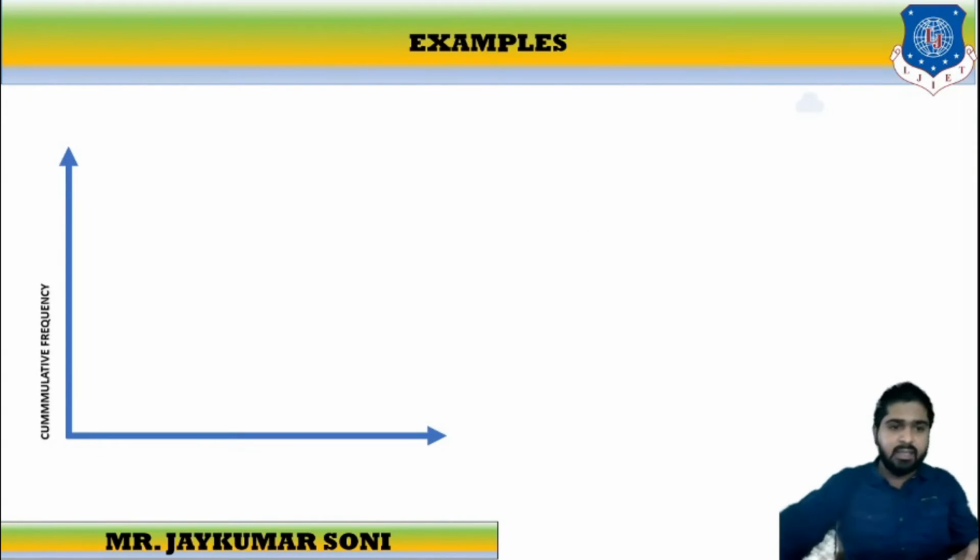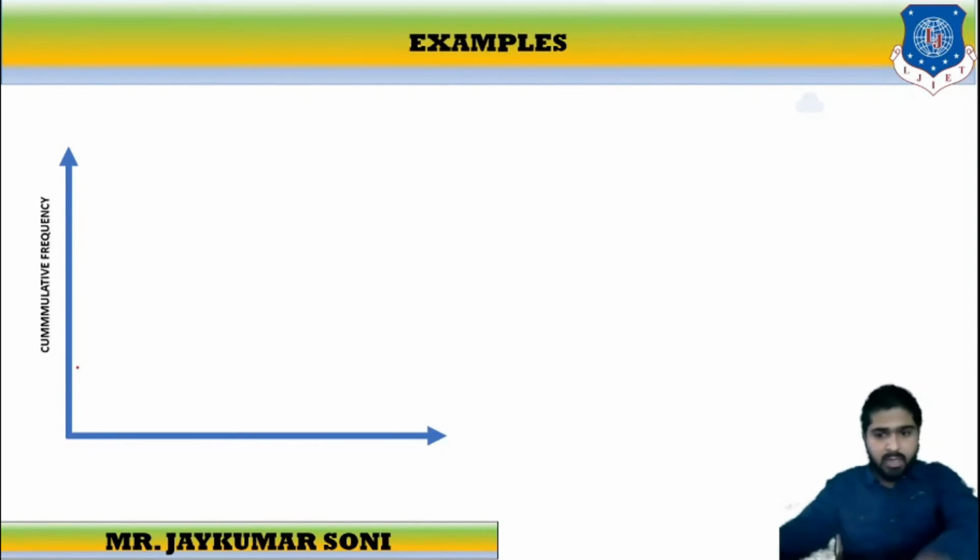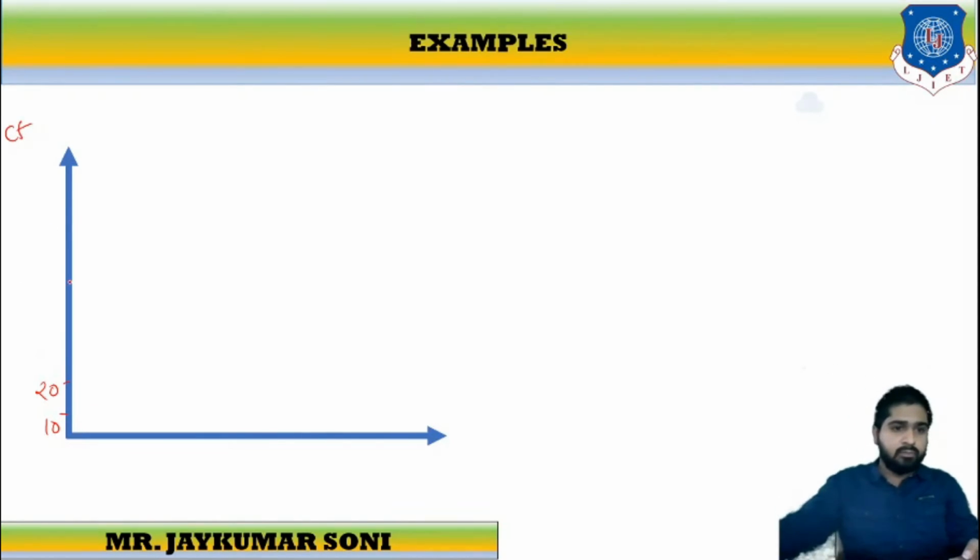On this axis, I will put cumulative frequency: 10, 20, 30, 40, 50, 60, 70, 80, 90 and 100.